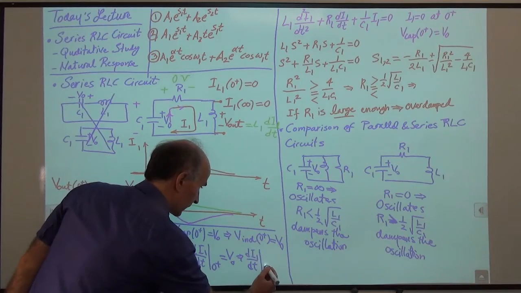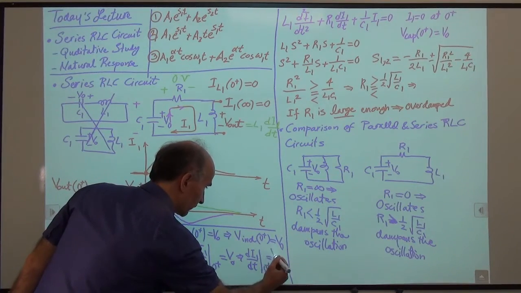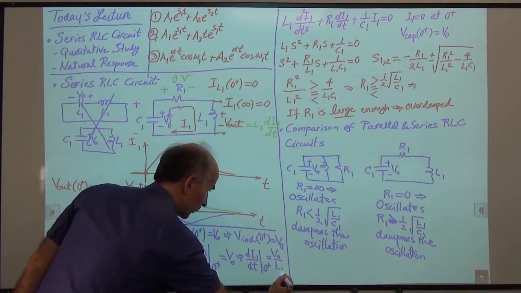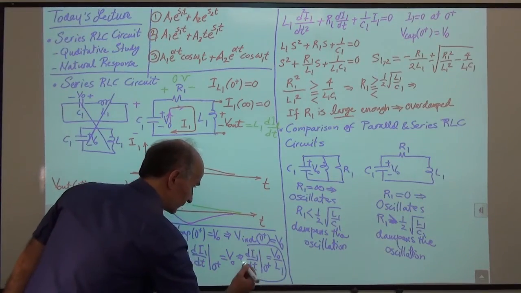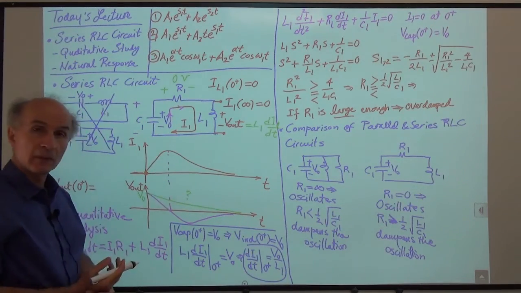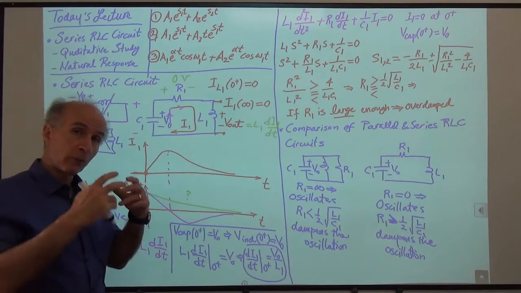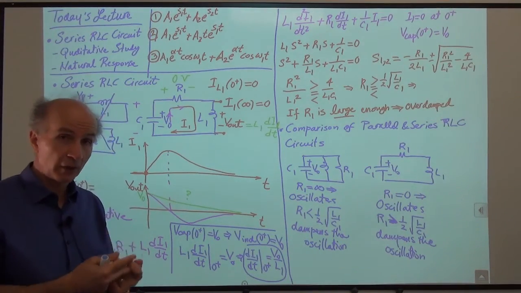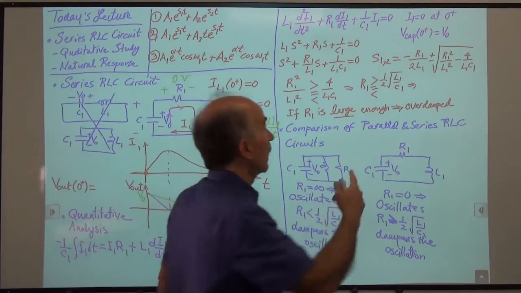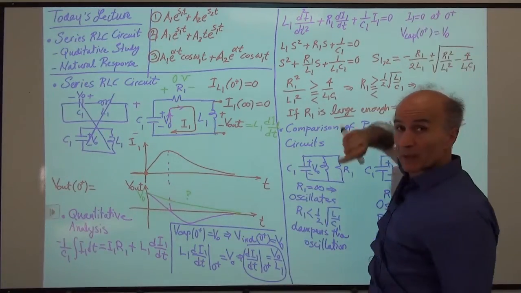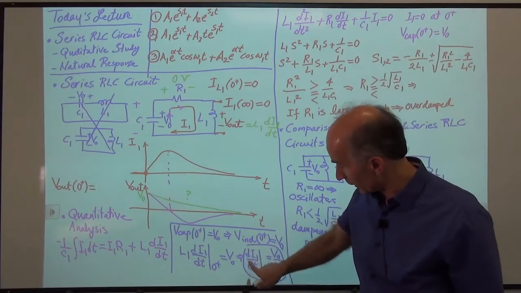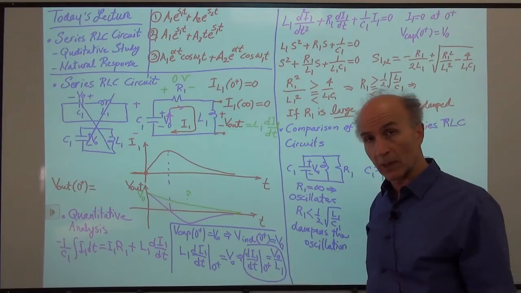So we're going to remember this. Now we have both of our initial conditions in terms of I1. I1 itself has to be 0 at 0 plus, and the derivative of I1 at 0 plus has to be V0 over L1.